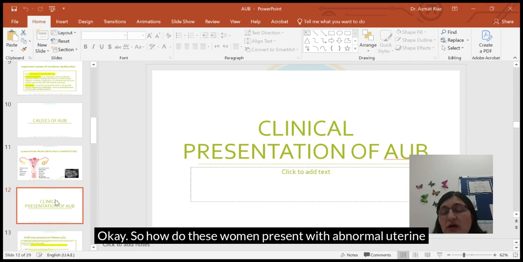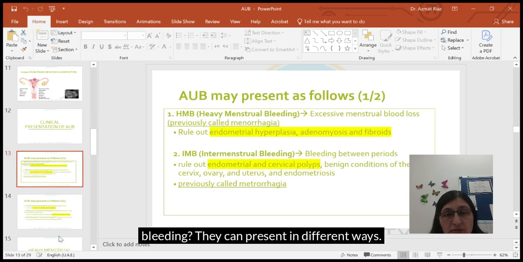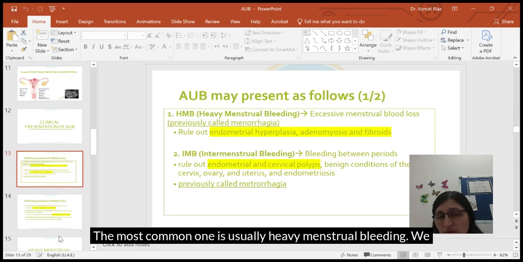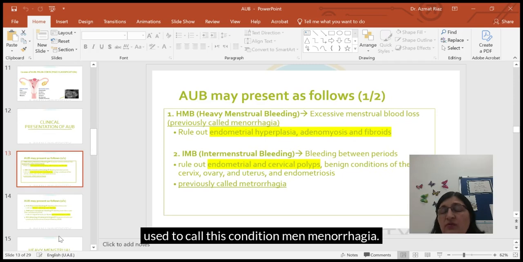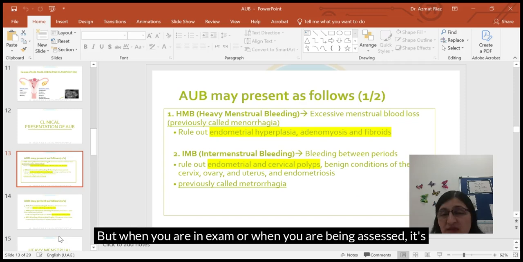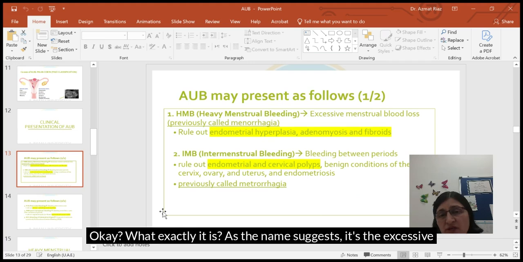Okay, so how do these women present with abnormal uterine bleeding? They can present in different ways. The most common one is usually heavy menstrual bleeding. We used to call this condition menorrhagia. Even in clinical practice we still use this word, but when you are in an exam or being assessed, it's better to use HMB, heavy menstrual bleeding, rather than menorrhagia.